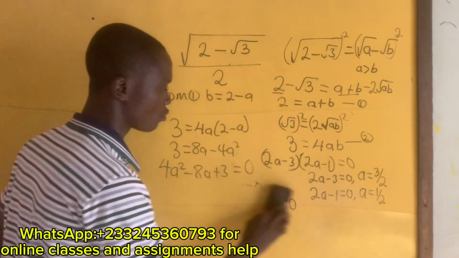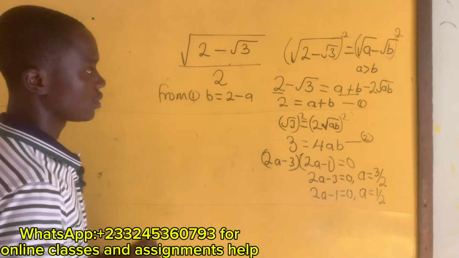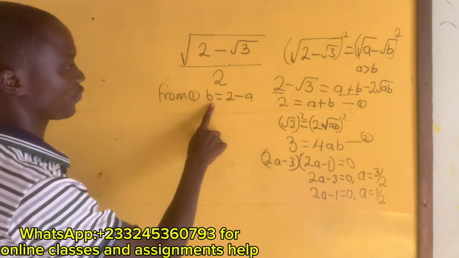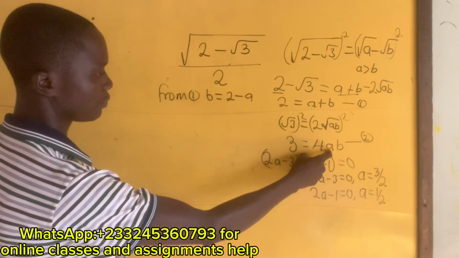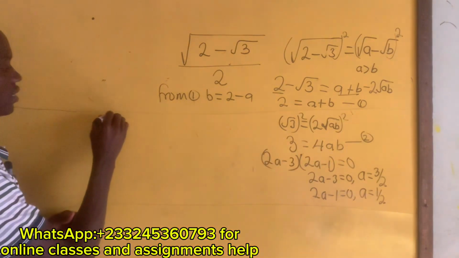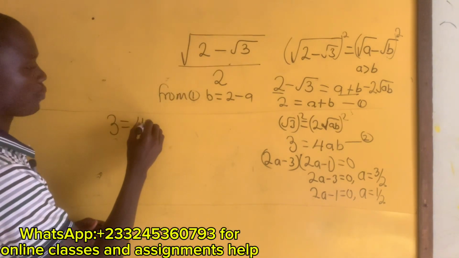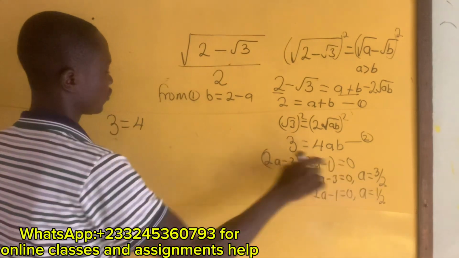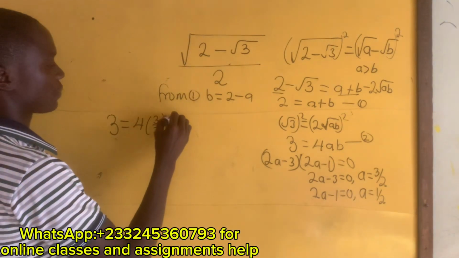Okay, so let's do away with what we have here. Now, we have this expression for b. You can also use this one for b. This one is very simple, right? Let me use this one. So we have 3 equals 4 times a times b. So if I pick a equal to 3 on 2, that is 3 on 2 times b.